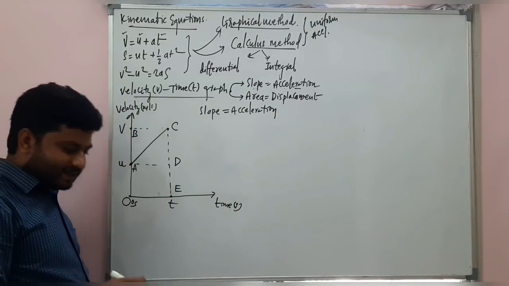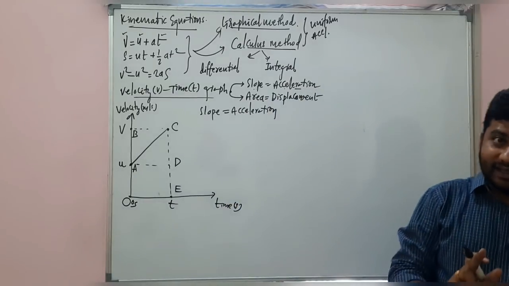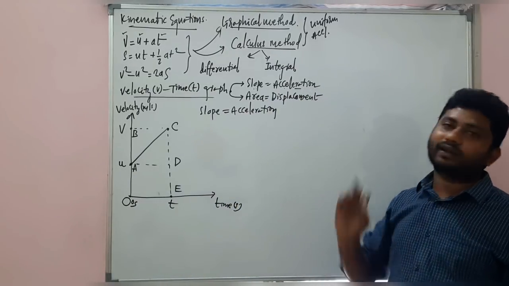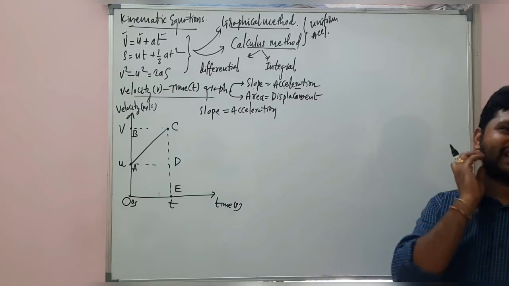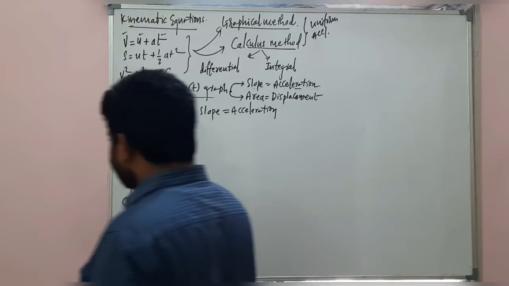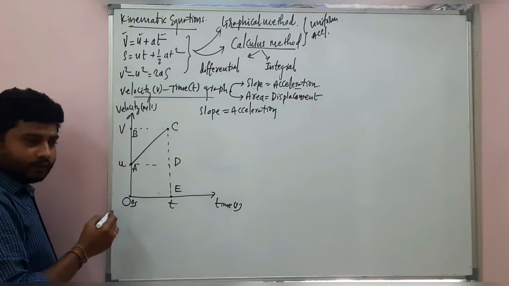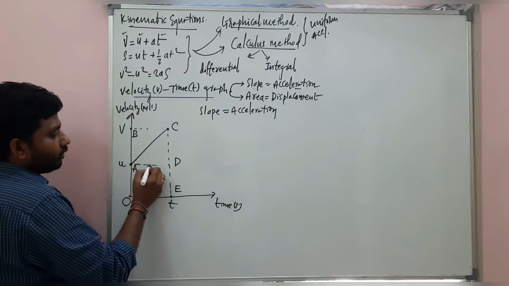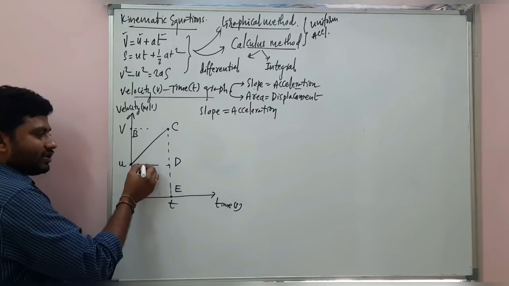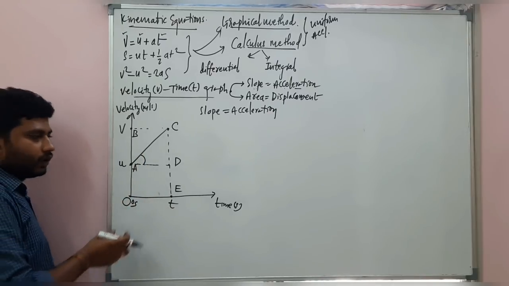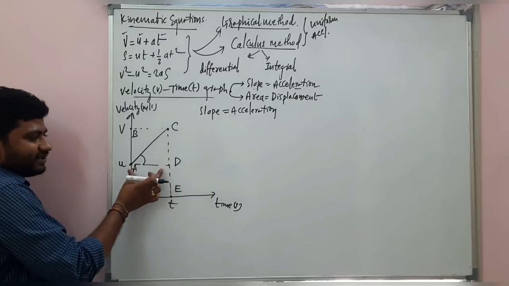In the lower classes, in the last classes, and even in the initial days of these graphs, we learned how to measure the slope. I told you, at this point on the graph line, this is the x-axis, so this angle gives the slope. Slope is opposite side by adjacent side.